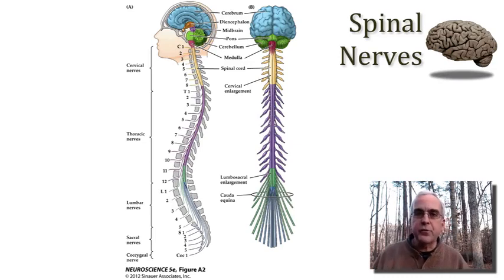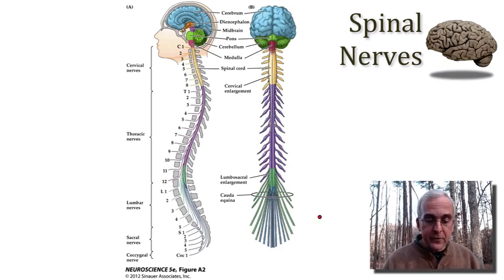Okay, well, let's briefly talk a little bit about the spinal cord. There are just a few points that I want you to take away from this discussion of the spinal cord. One is that there is a longitudinal organization to the spinal cord, which is to say there are segments of the spinal cord that can be recognized by the attachment of 31 pairs of spinal nerves.